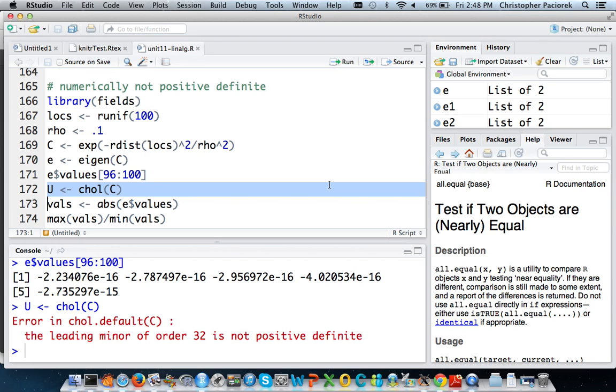This guy is the result of doing a computation, so it's probably going to be represented with even less accuracy than the original elements of the matrix were. So if the true mathematical value difference here is very small, then numerically the inaccuracy is enough that this actually looks like it's bigger than this, even though mathematically we know that this is bigger than this. So you get a negative number here, it tries to take the square root of a negative number, it says, I don't know what to do, it stops, and this is the error message that you get.